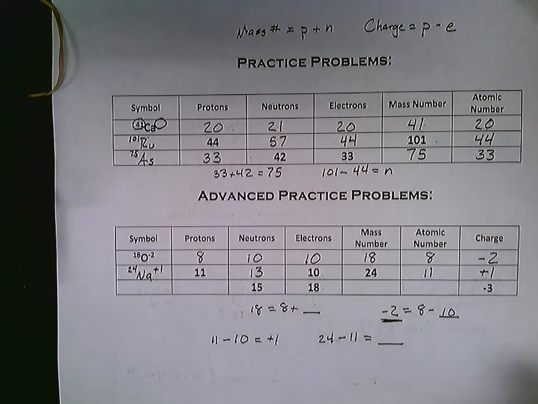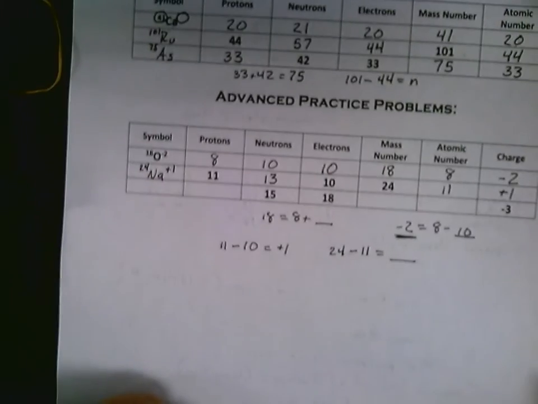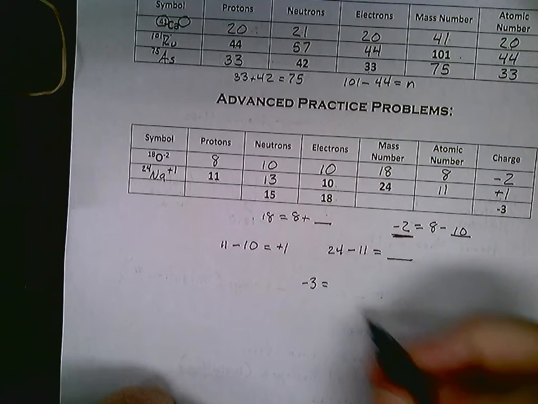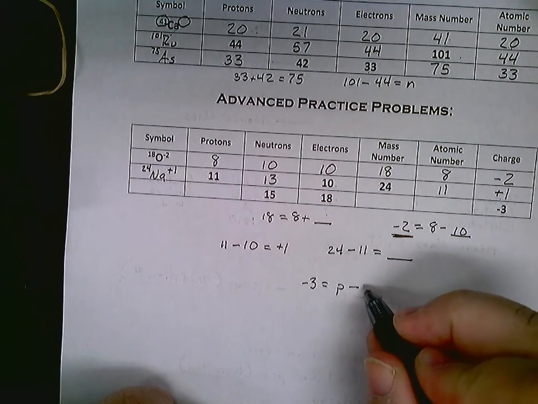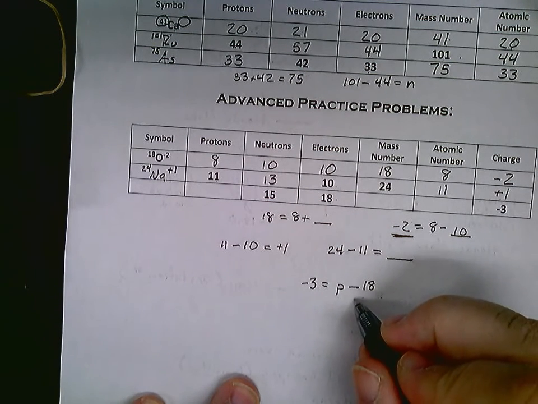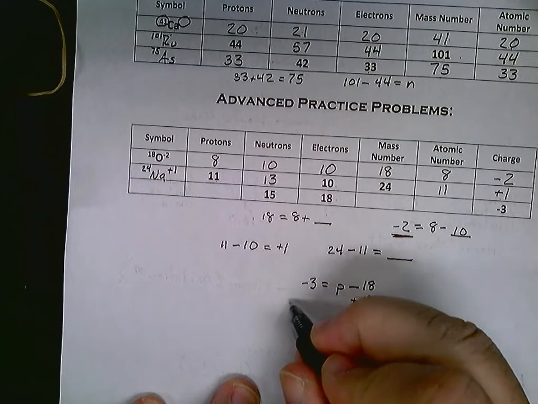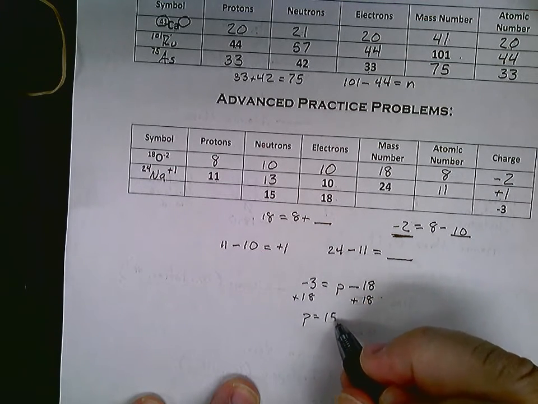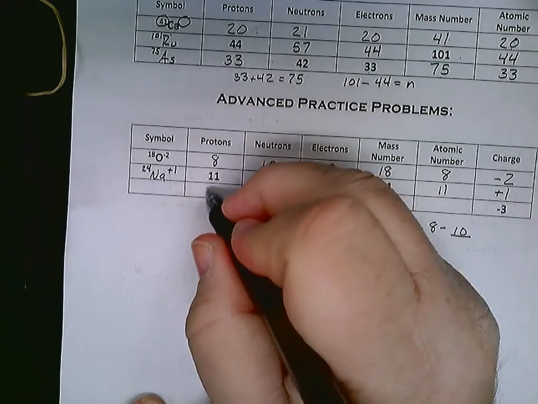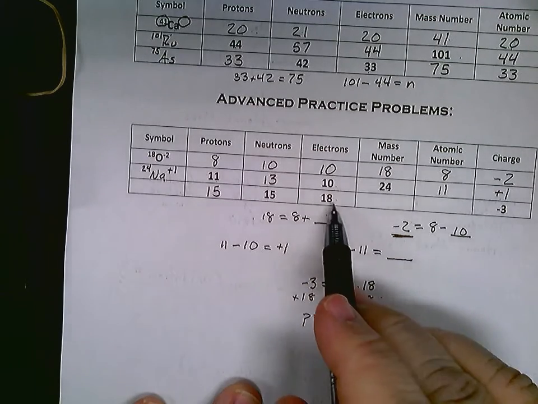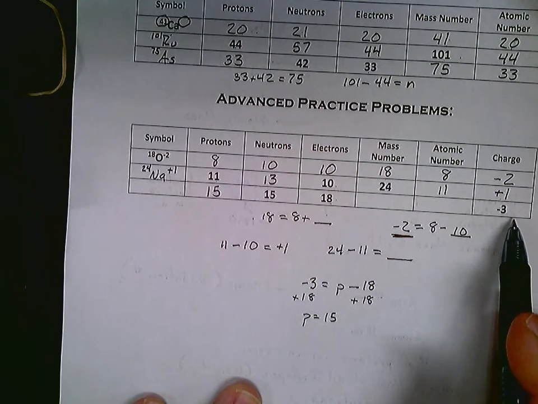In this case, we've got -3 equals protons minus 18. All right. So when we add 18 to both sides, that means the number of protons equals 15. All right, because 15 minus 18 equals the -3.